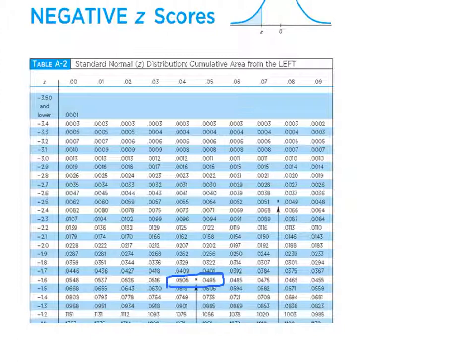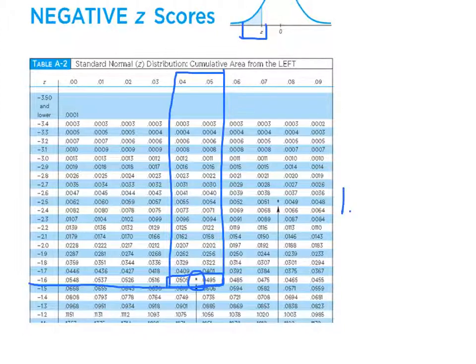We also see that there is an asterisk at the value that is a critical value for 0.05, and that value is 1.645. If you were to take the average of 1.64 and 1.65, it would be 1.645. So the critical value that sits at 0.05 is 1.645.